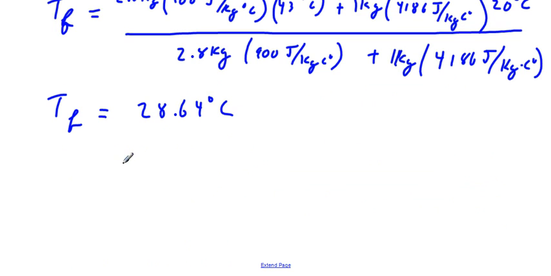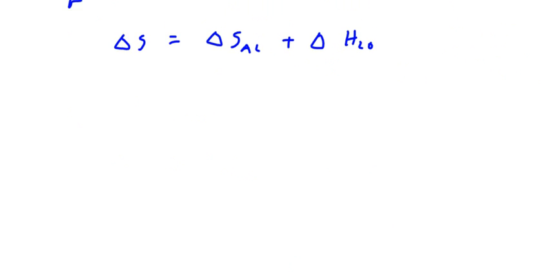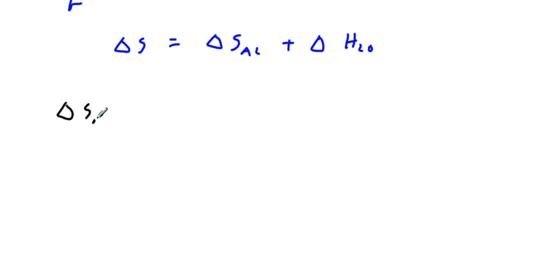Now I'm looking for the change in entropy. I'm looking for the change of entropy of the aluminum plus the change of entropy of the water in order to get the number that I'm looking for. So I look at the change in entropy of the aluminum.